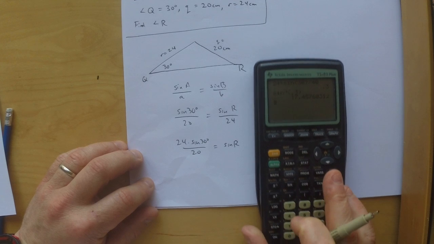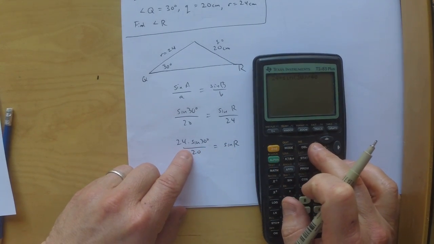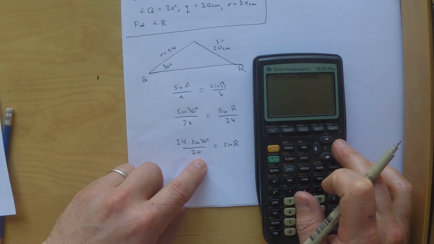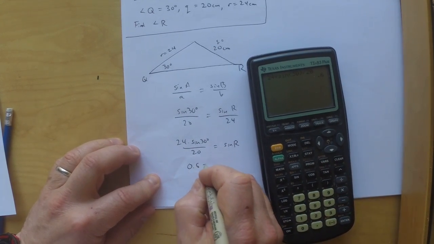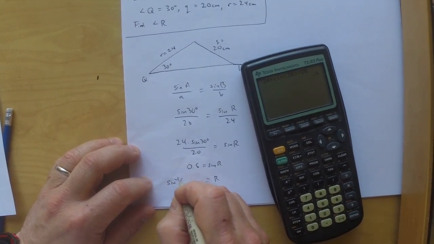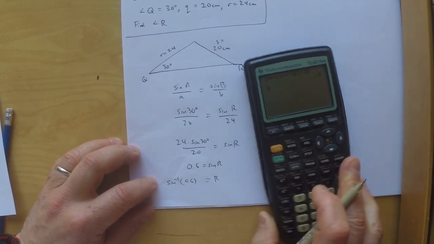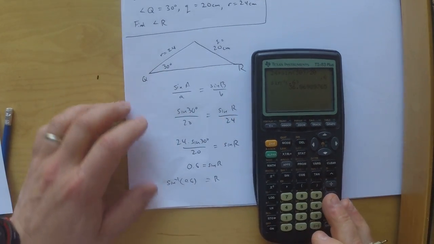And I get my one answer out, which in this case is 24 times sine 30 divided by 20. And I get 0.6. R is equal to whatever inverse sine of 0.6 is. I'm just getting nice numbers because I picked 30 degrees.